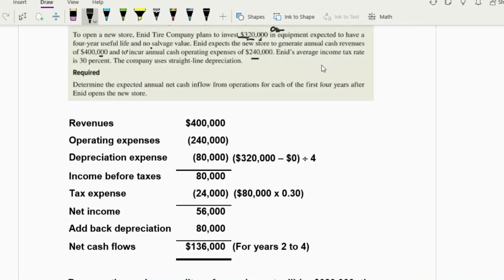Its average income tax rate is 30%. The company uses the straight line depreciation method. The requirement is to determine the expected annual net cash inflow from operations for the first 4 years after it opens the store. So we need to calculate just the net cash inflows, not net present value.